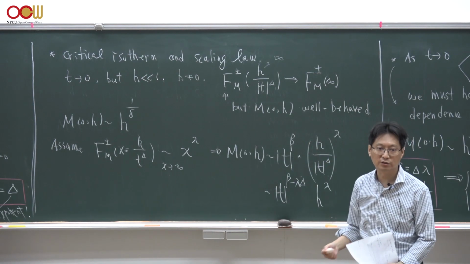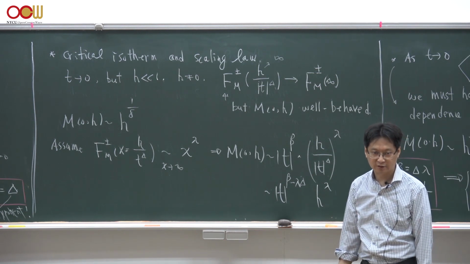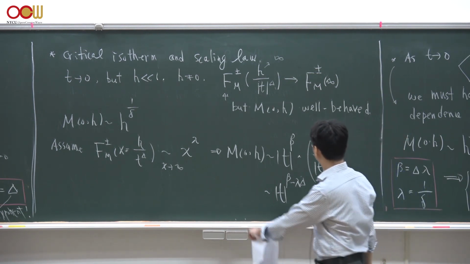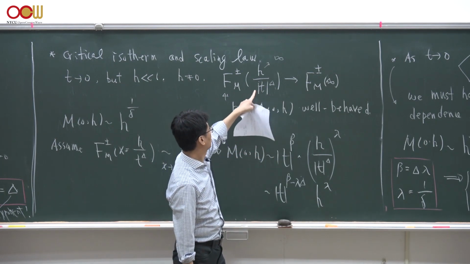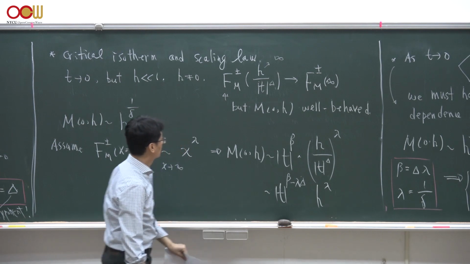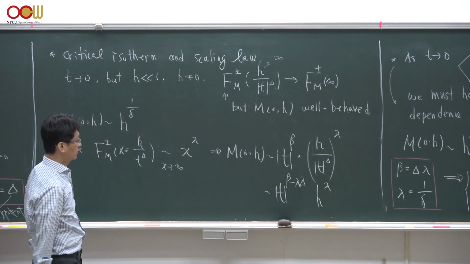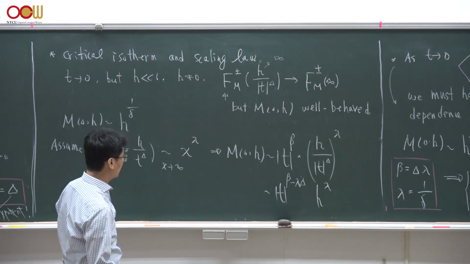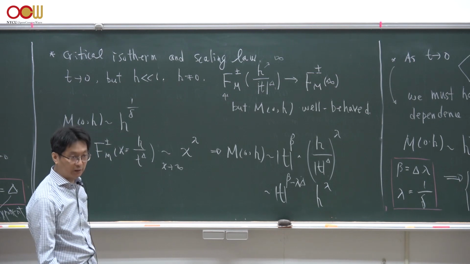And little t goes to 0, but little h remains finite but small. In that limit, this denominator almost vanishes, so this whole argument x becomes infinity. So in that limit, we could compare all these different forms of magnetization and find out what this delta is in relation to beta and gamma and so on.